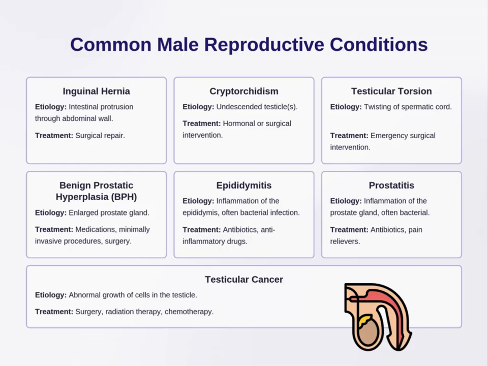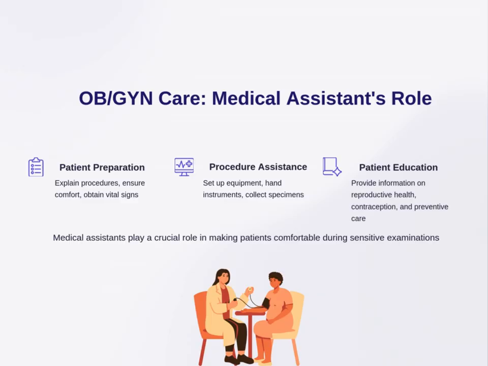So they'll have dribbling or be unable to empty their bladder completely. Some infections, epididymitis, prostatitis, and then testicular cancer, of course, are some problems.